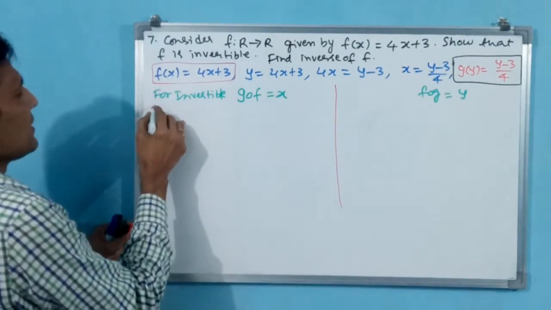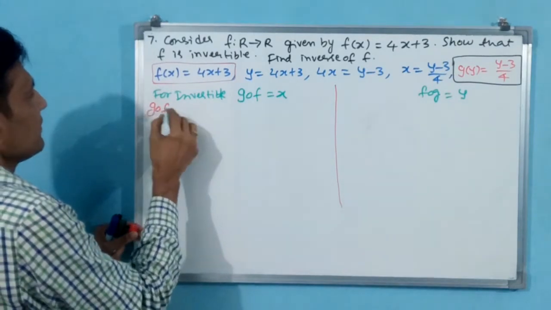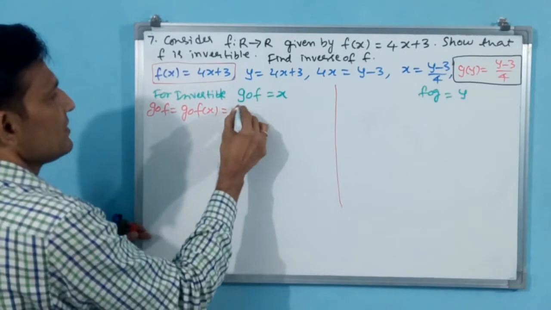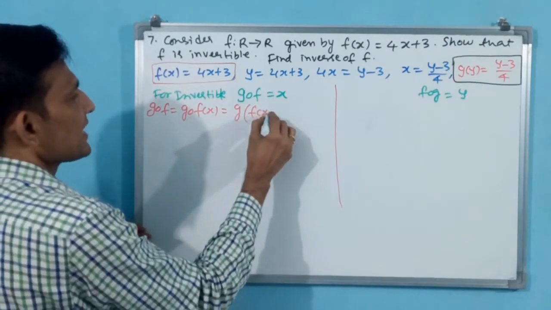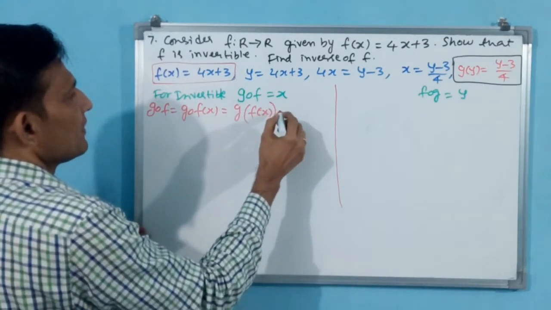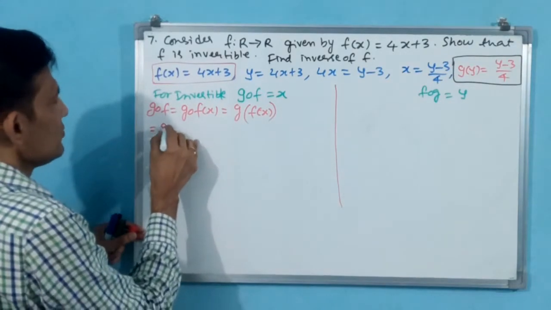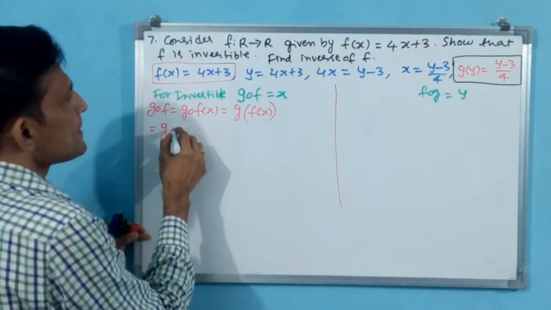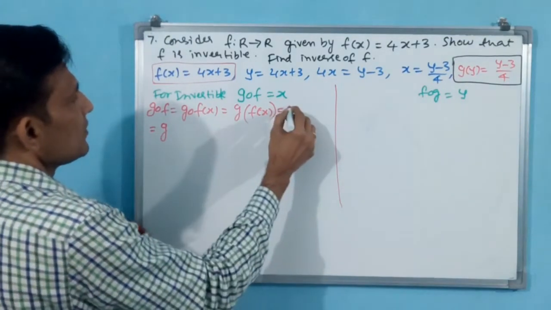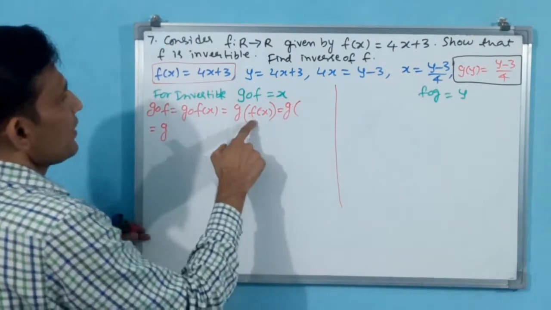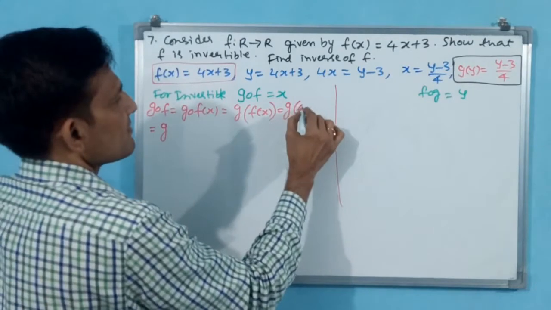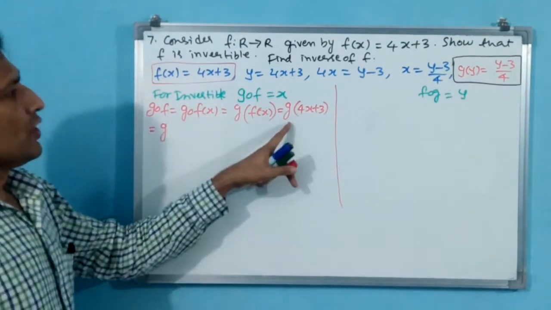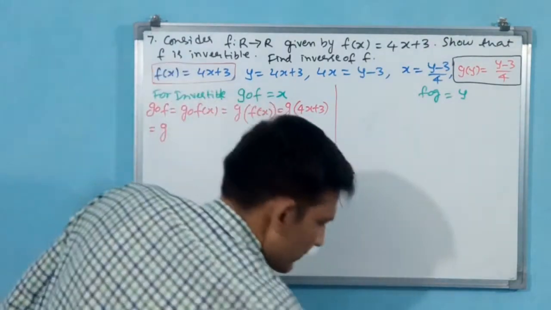Say GOF of x is equal to G of F of x, is equal to G of 4x plus 3.